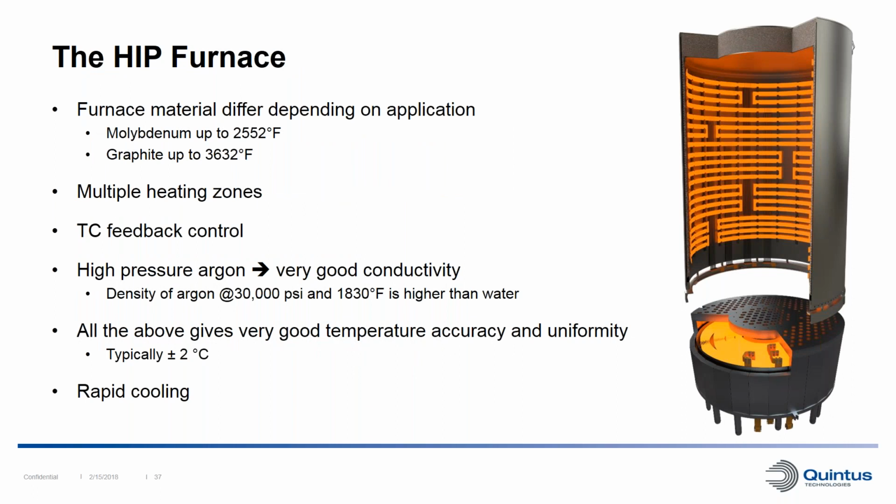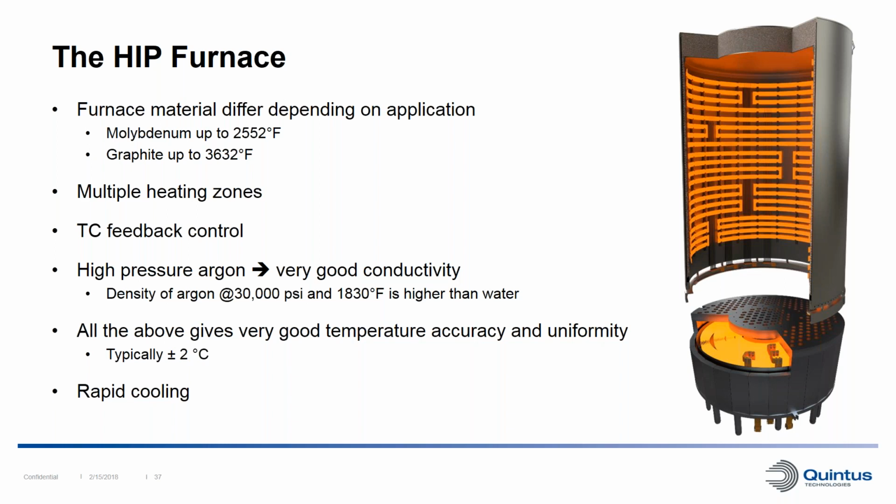If we then come to the heart of the HIP system, which is the furnace, it can be made from several different materials and different temperature ranges. I would say that the most common furnaces are molybdenum furnaces, which are typically used for metals, going up to temperatures somewhere between 2280 Fahrenheit and 2550 Fahrenheit, depending on what design you use.